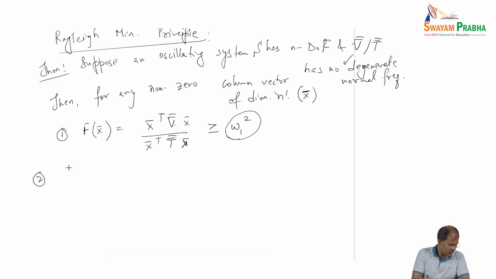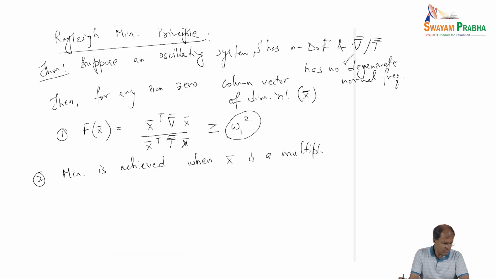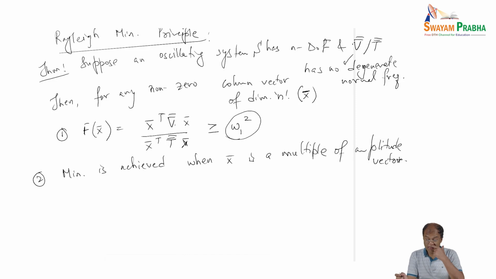The second statement is further that the minimum is achieved when x is a multiple of the amplitude vector of the so-called fundamental mode.